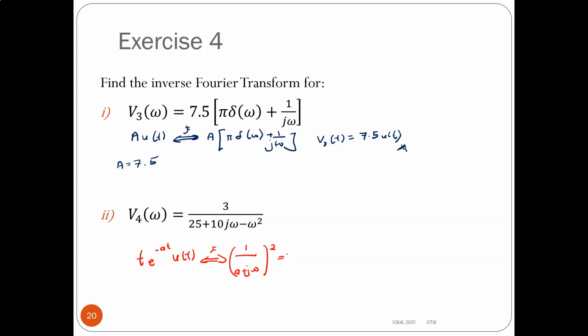If we expand this, we will get 1 divided by a squared plus 2a j omega minus omega squared, which actually matches this form. Putting into the equation, we get v4(t), this is a small v, equal to 3t exponent negative 5t u(t), because a here is actually 5, since 5 squared is 25. So this is the answer.